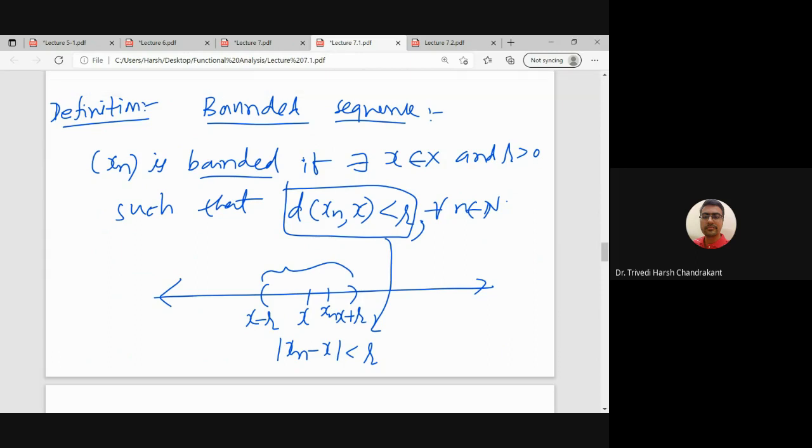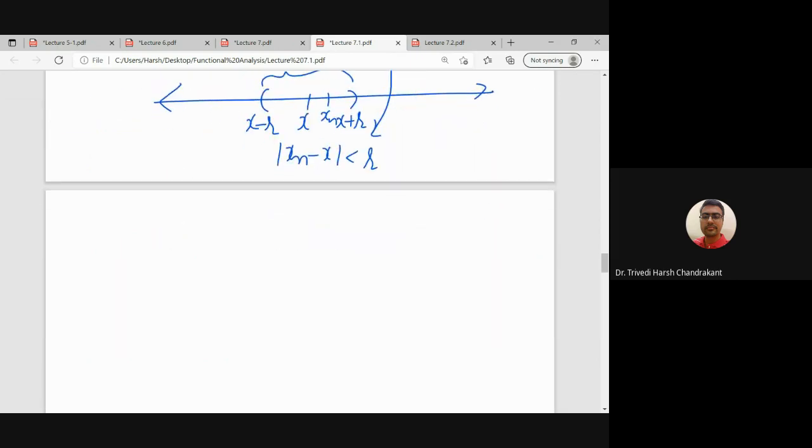In fact, for every n we can do that. If after some stage it is bounded, then we can also find the maximum and the same definition works. But that is the same as this definition. So every Cauchy sequence is bounded.